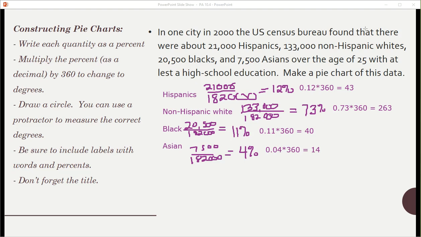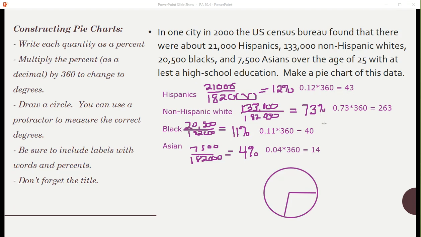Again, I would want to use a protractor to try to be as exact as I can. But for this, let's say we'll start with our given radius. And then the first one is 263 degrees. So that's more than half, but not quite 2/3. So it would be something like this, for example.